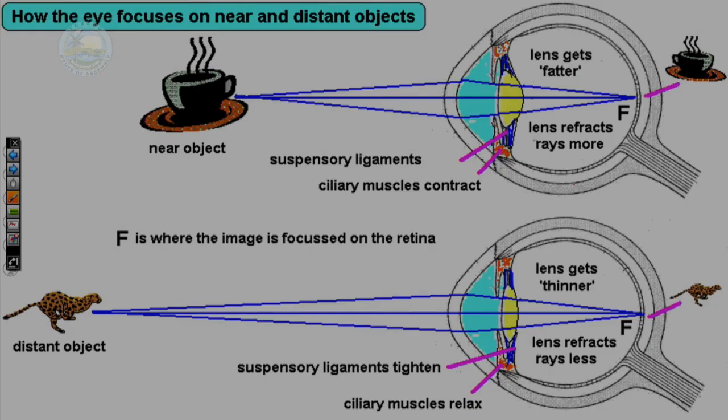So here we have an example. Here is a near object, a cup of coffee. And remember, we said if the object is near, we want the light to converge or bend more, and the focal length is much shorter, so we want it to converge on the retina, specifically the fovea at the back of the eye. So the only way to get that bending more is to get the lens, quote-unquote, fatter or bulge, or more convex.